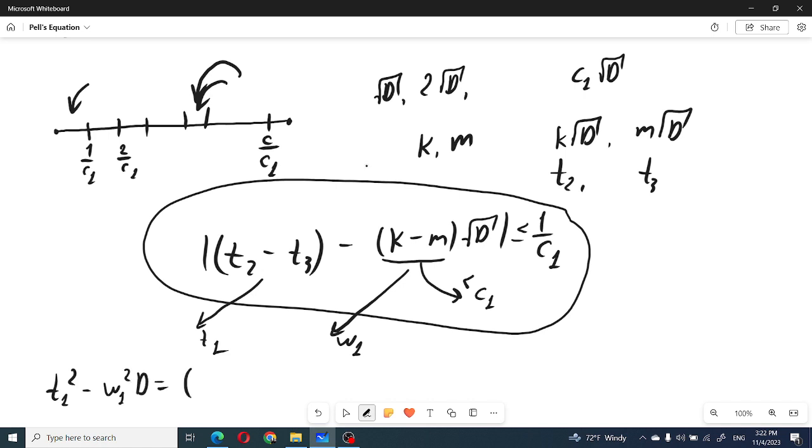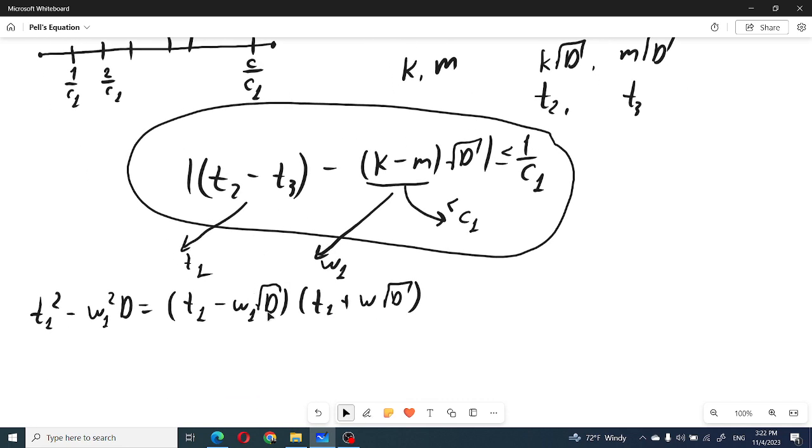This clearly equals t1 minus w1 square root d times t1 plus w1 square root d. Because of our lemma, we know that the absolute value of t1 minus w1 square root d is less or equal to 1 over c1.